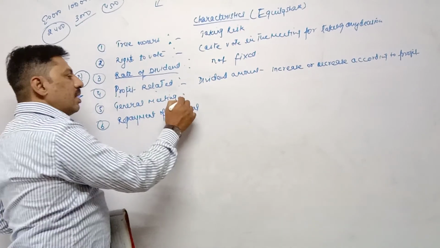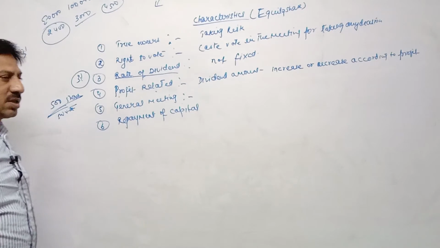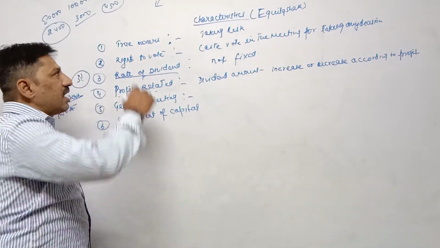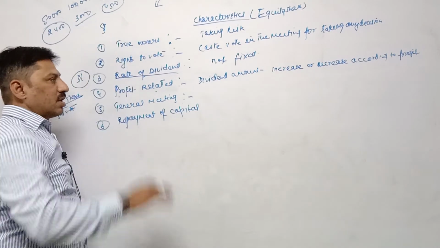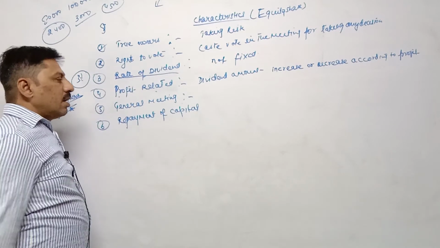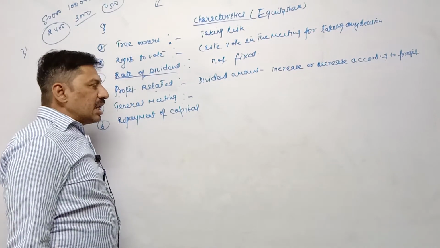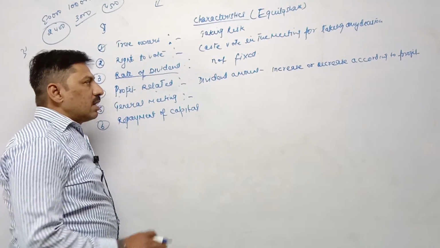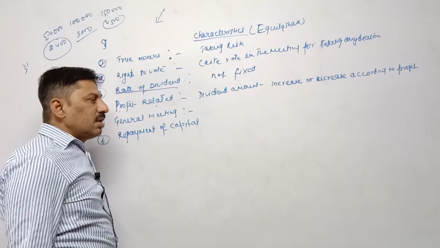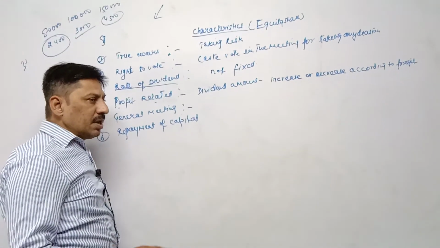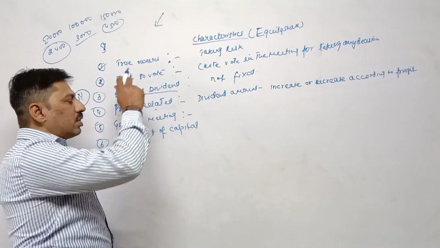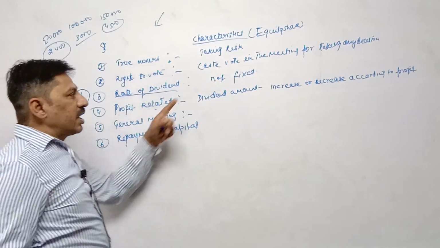General meeting means meeting of shareholders, meaning meeting of equity shareholders. Whenever we use the word shareholder, it means equity shareholders, because they are true owners of the company. Whenever the company conducts a meeting of shareholders, they have right to attend the meeting, and right to speak in the meeting. Speak means discussion on the matters. They have right to cast their vote in order to take some decision.